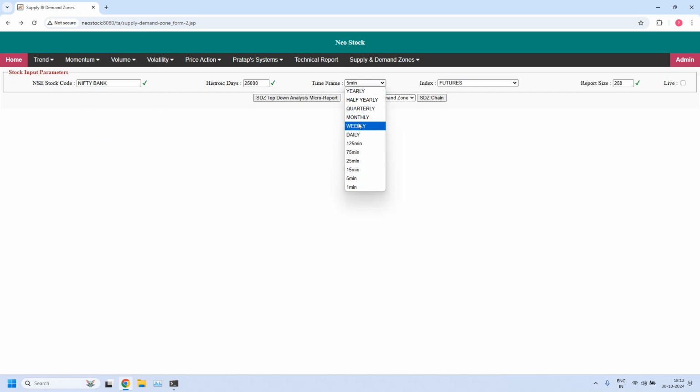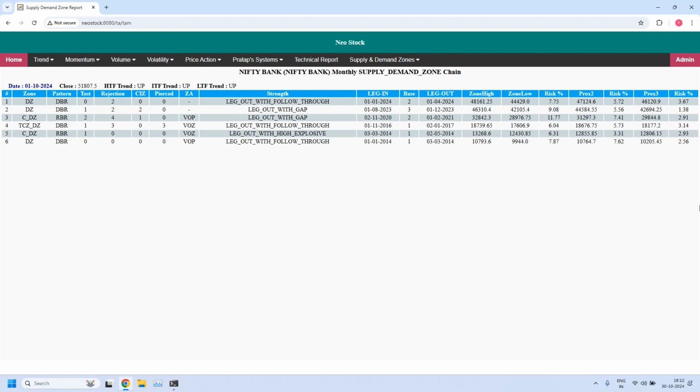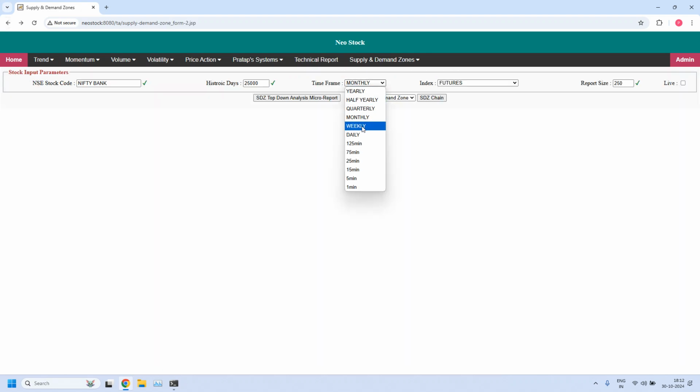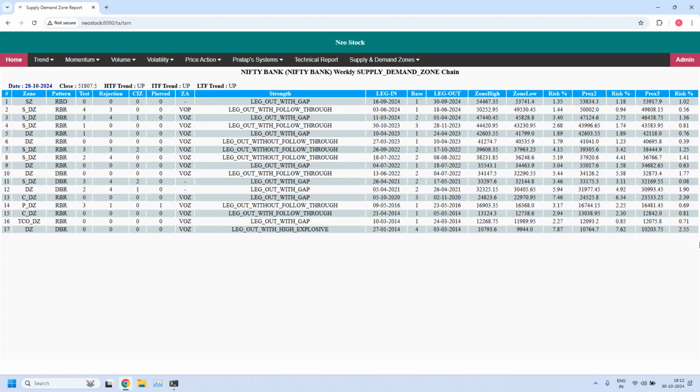Let's start with monthly time frame, generating monthly supply demand zone chain for Bank Nifty. Next time frame is weekly, generating weekly supply demand zone chain for Bank Nifty.